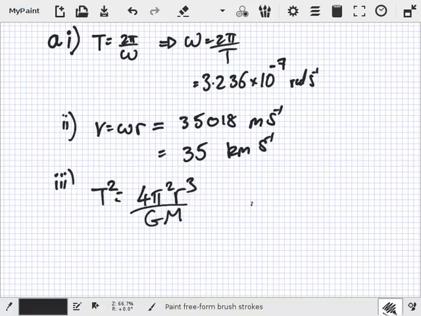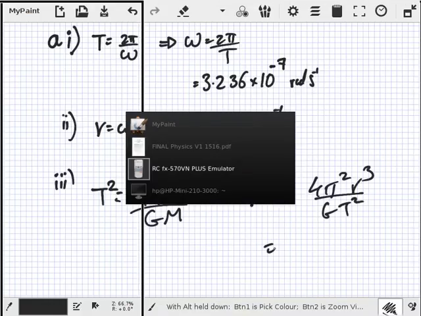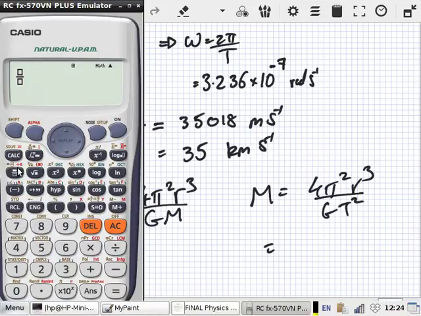So the M is 4 pi squared R cubed over G T squared. Right, so if we type it in now, 4 pi squared times R cubed, 1.082 times 10 to the 11 meters. Okay.